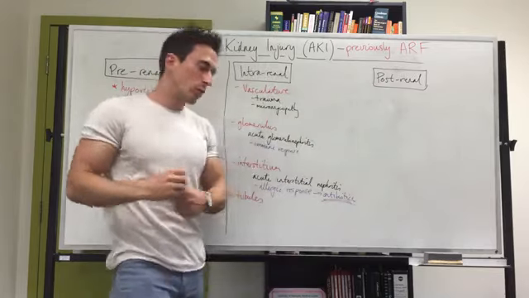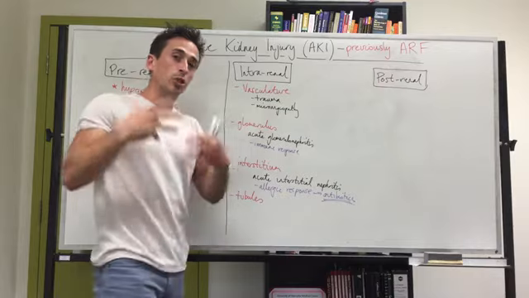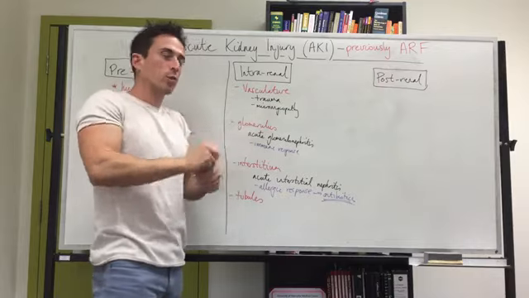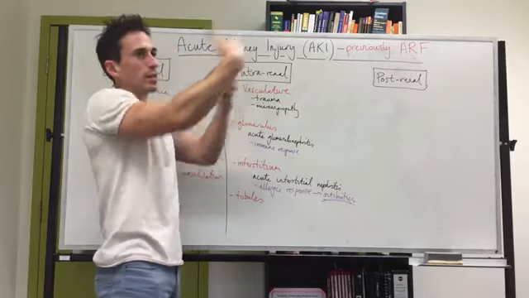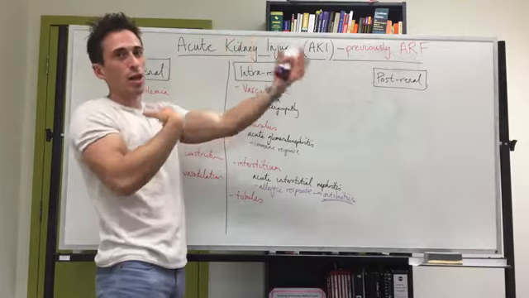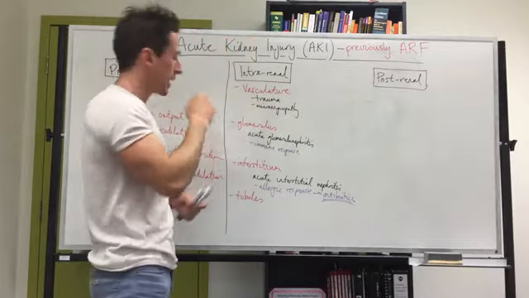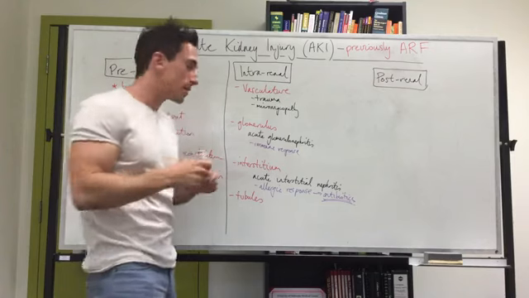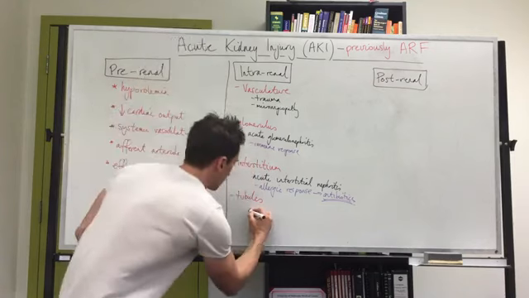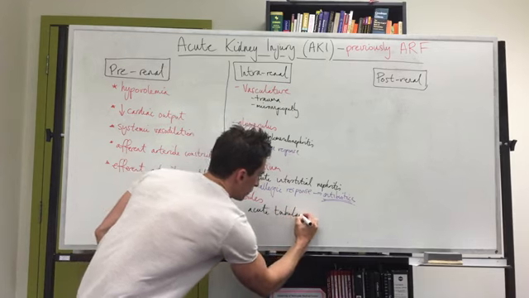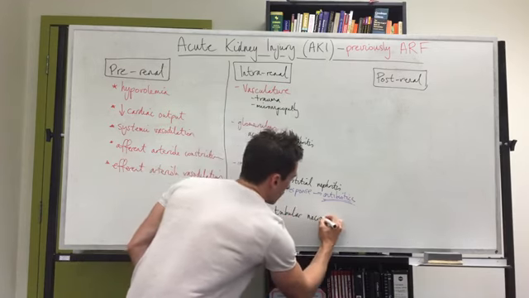What about the tubules? Well, this is where we get damage directly occurring to the tubules themselves. So remember, the tubules are part of that nephron where we get substances able to go back and forth. So that can be water or electrolytes or glucose, for example. And if you damage those tubules, again, you can get something that's called acute tubular necrosis.